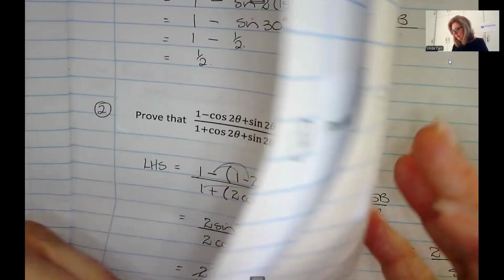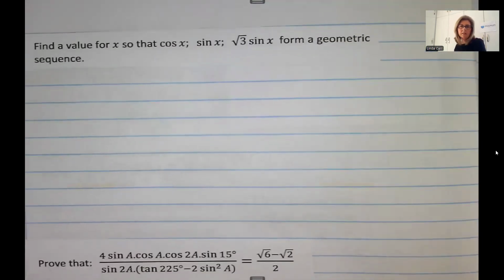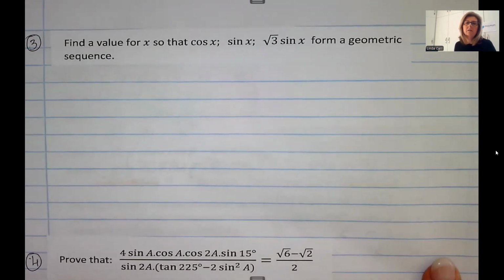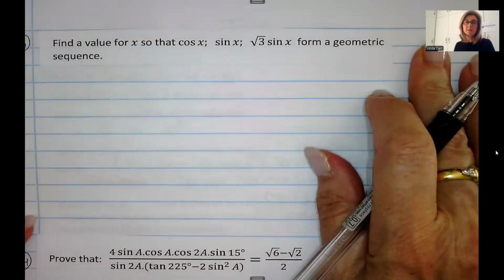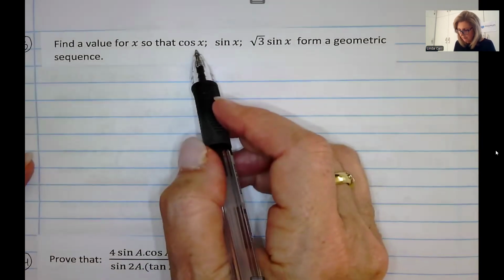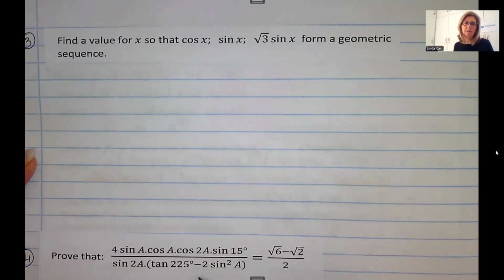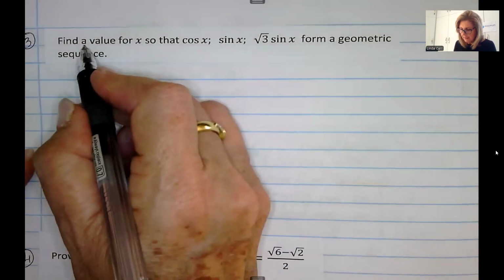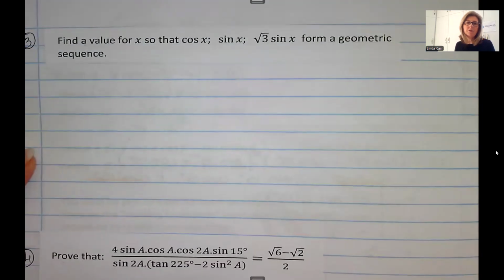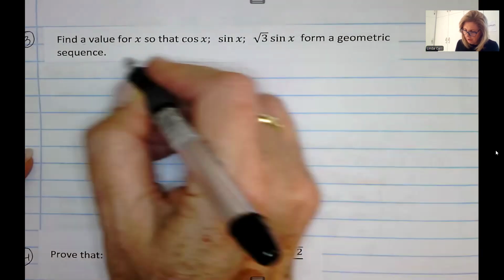Next up. Oh, I had to sneak this one in because we've done sequences already. And so now we've got this little trig-looking geometric sequence over here. It says find a value for x, so we don't have to go to town here. But it's a geometric sequence.